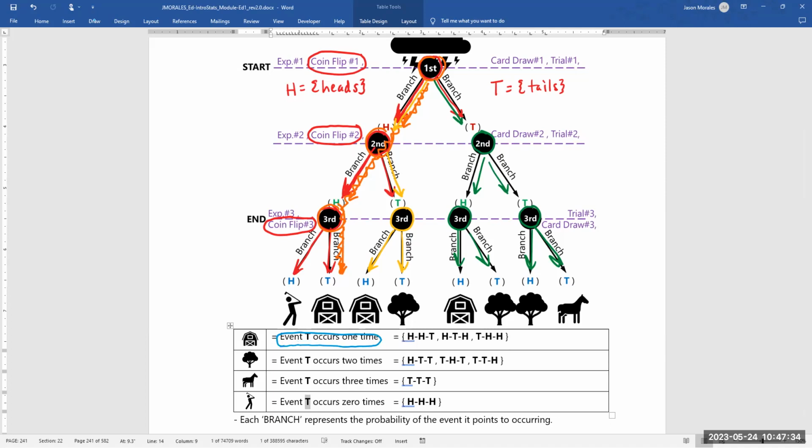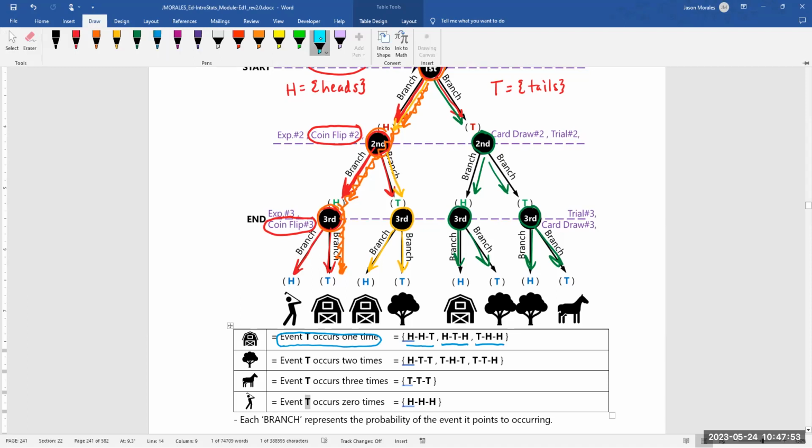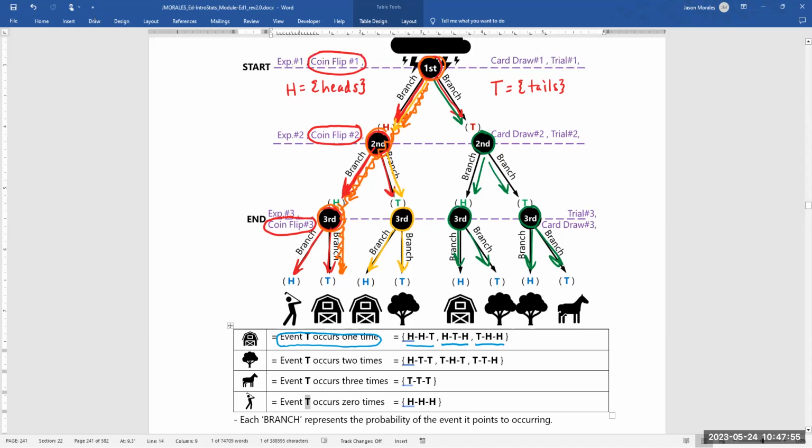And so in 3 coin flips, we could have heads, heads, tails, that has only one tail occurring. We could have heads, tails, heads, and that would be tails occurring only once. Or we could have tails, heads, heads. And let's see where those are on our tree diagram.